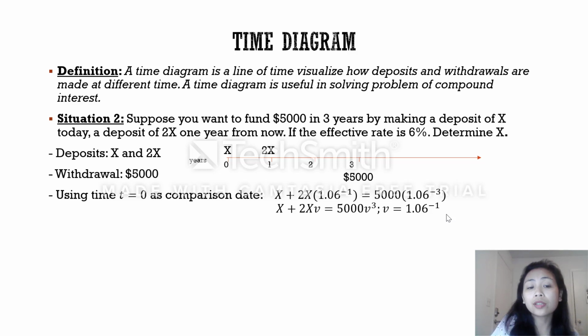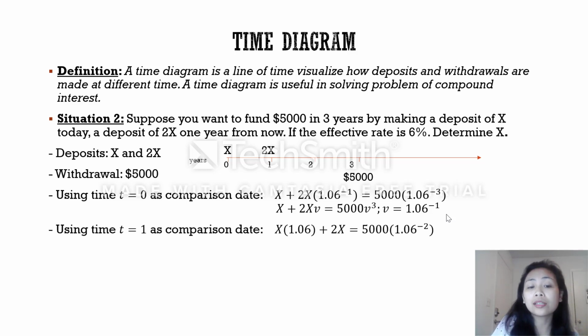Now suppose we use a different time. Let's say we use time t equal to 1 as the comparison day. X at time 0 has to be brought forward one period, so it's X times 1.06. 2X from time 1 stays at time 1, so we don't multiply anything. 5,000 from time 3 goes back to time 1, backward 2 periods, so it's 5,000 times 1.06 to the negative 2.